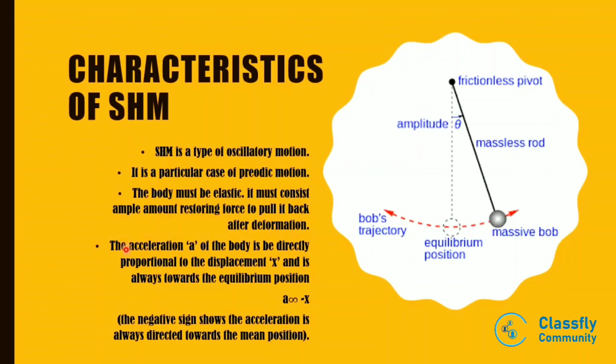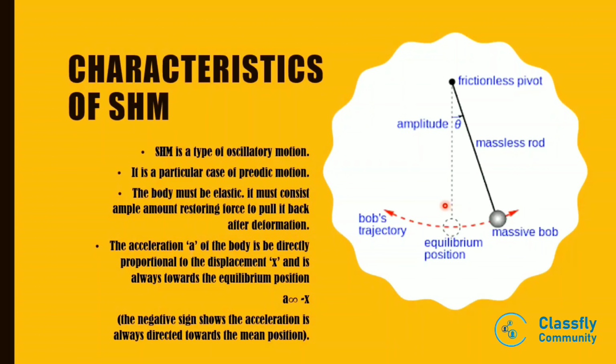Now see, the ball is moving, so there will be some acceleration. The acceleration a of the body, that means this ball's acceleration a, is directly proportional to its displacement x and is always towards the equilibrium position. The basic concept is that the sign is negative.